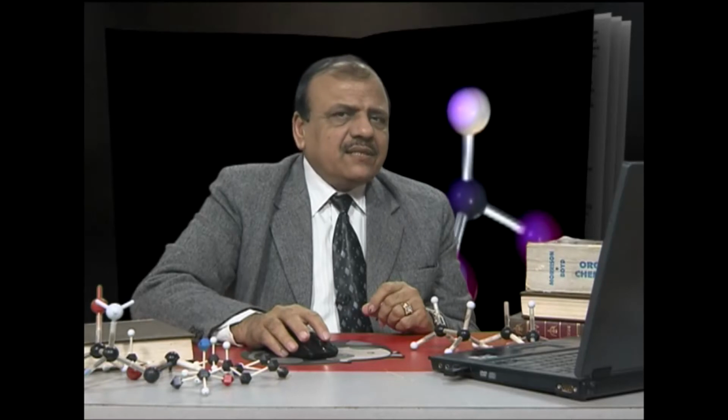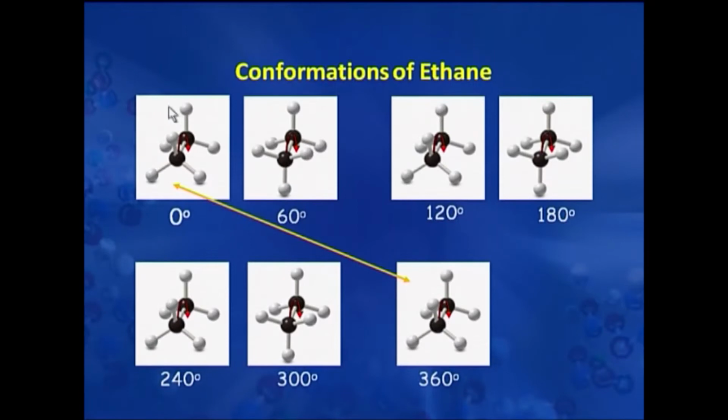Now, next let us talk about the stability of these conformations. Say we are starting with a conformation in which dihedral angle is 0, that is an eclipsed conformation. We rotate one of the carbons in one direction, keeping the behind carbon fixed. We get this position for hydrogen after a rotation of 60 degrees. This is staggered conformation. Then again, after rotation of 60 degrees, we get another eclipsed conformation.